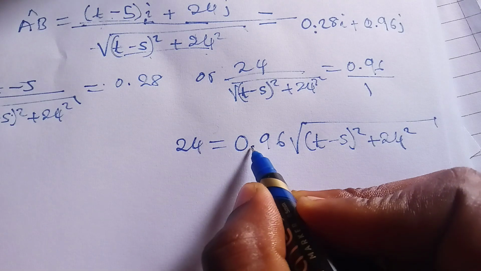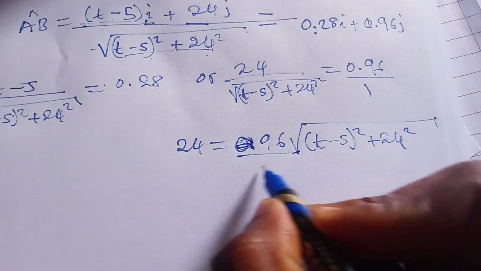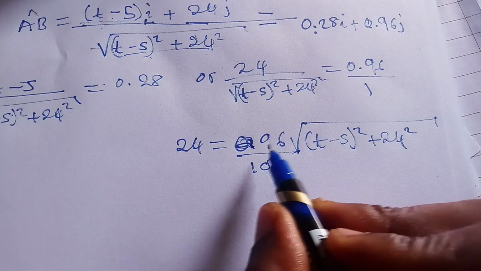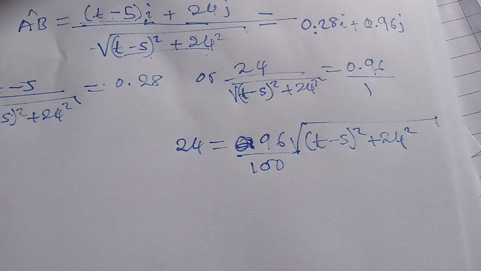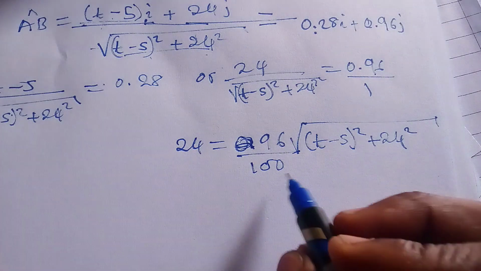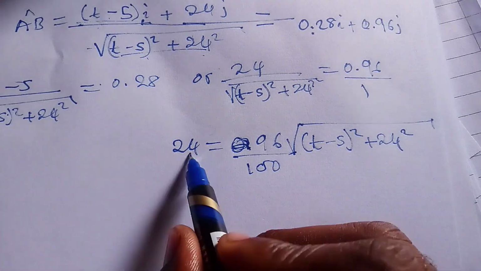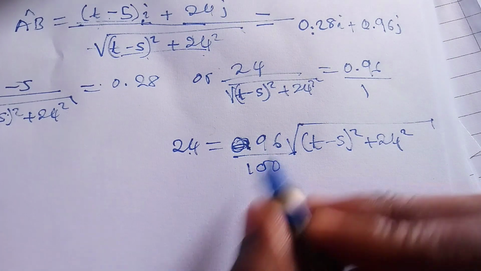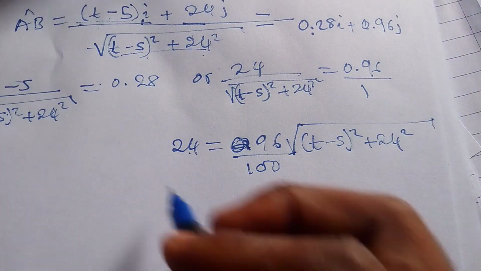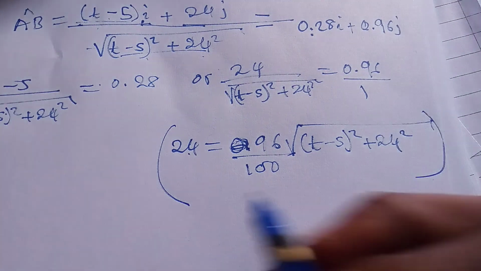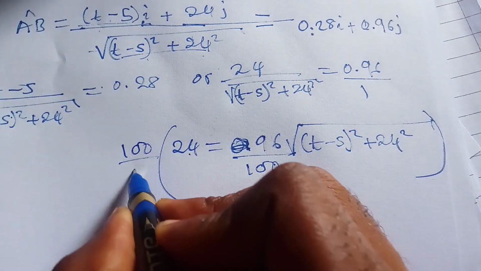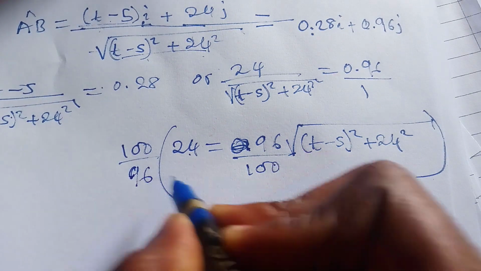So in fraction form, this is like this, right? Yes. So I know that 24 is a factor of that, so you can just multiply everything by this thing here. So you can say 100 over 96.